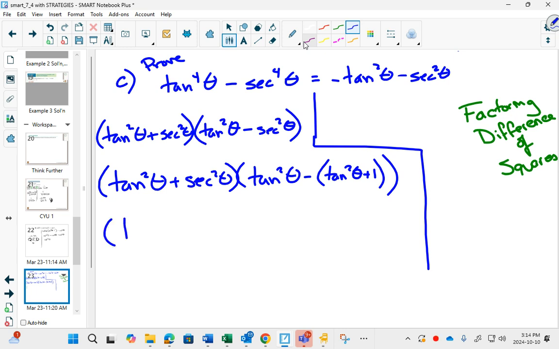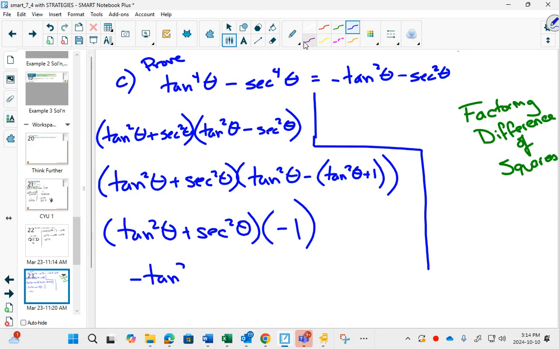And then tan minus tan is 0, negative distribute, that's negative 1, that's fine. Now you could write the negative. And now I could distribute that negative 1.